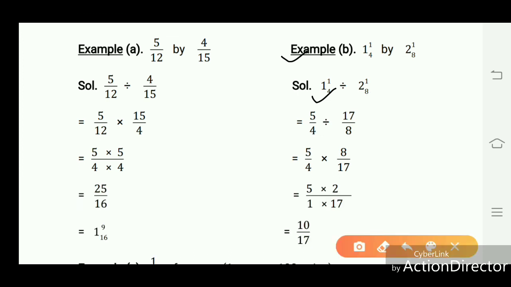After that we take the reciprocal of the second number 17 upon 8. 17 is the numerator here and it changes into the denominator, and the denominator 8 changes into the numerator, and 8 divided by 4 is 2 times. 4 2s are 8. So 5 multiplied by 2 and 1 into 17. We get 5 2s are 10 and 17 ones are 17.